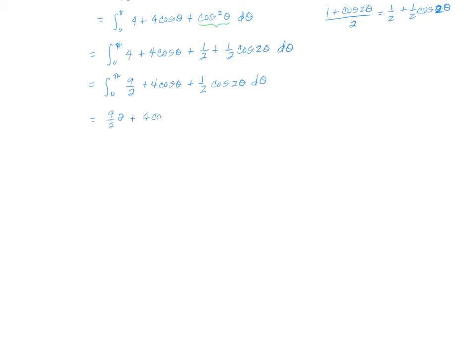Oh, sorry, 4 sine of theta. Sorry about that. Plus the antiderivative of cosine of 2 theta is sine of 2 theta times 1/2. But I've already got that other 1/2 in front, so it'll turn into 1/4 sine of 2 theta. And we'll evaluate from 0 to pi.